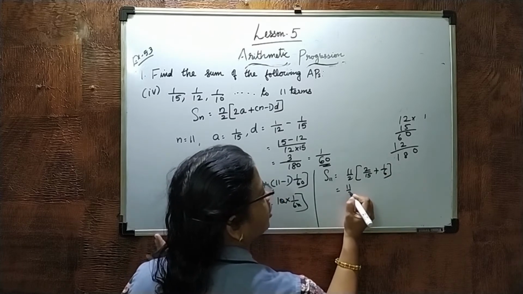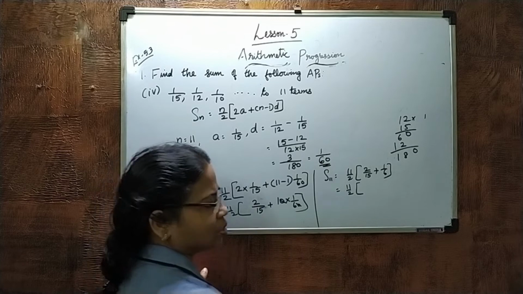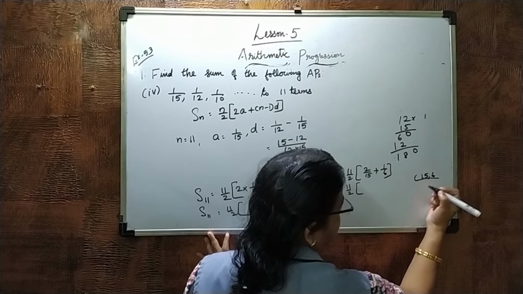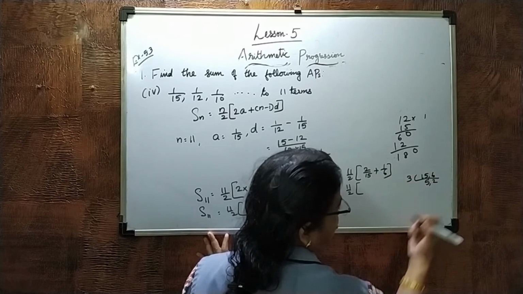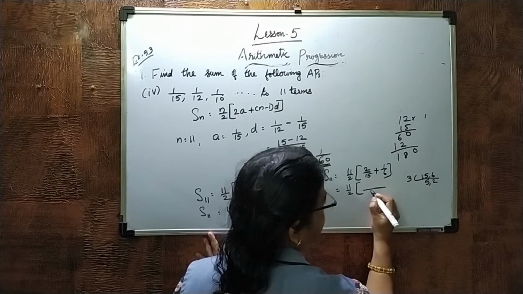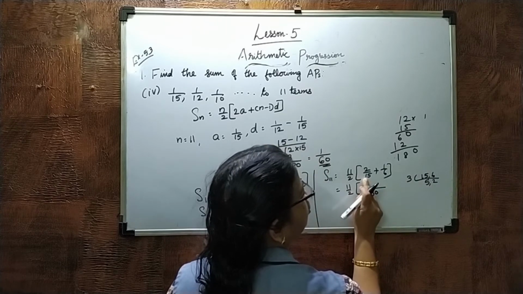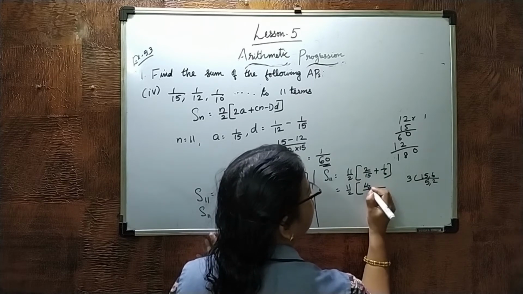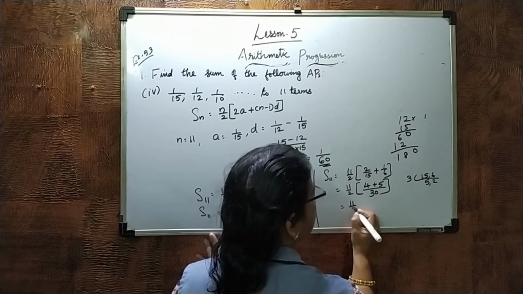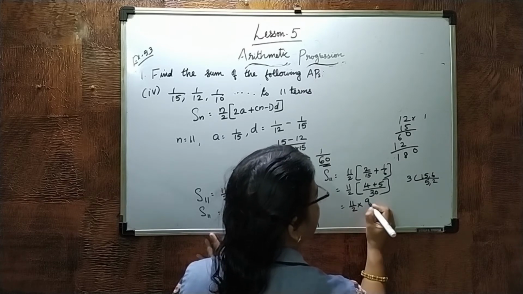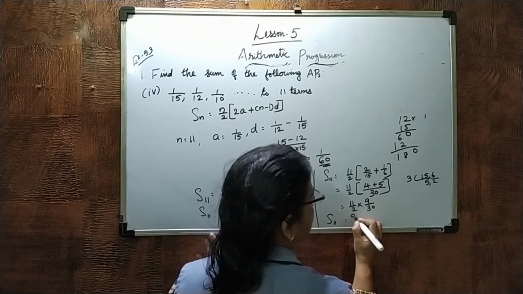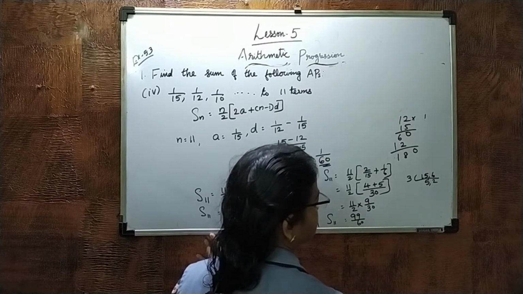So it will be 11 by 2 into, you want cross multiplication, or you want to find the LCM. 15 and 6: 3 and 2's, 3 into 5 is 15, 15 into 2 is 30. So it will be 4 plus 5, 6 5s are 30. So it will be 11 by 2 into 9 by 30. So S11 is equal to 99 by 60 you will get.